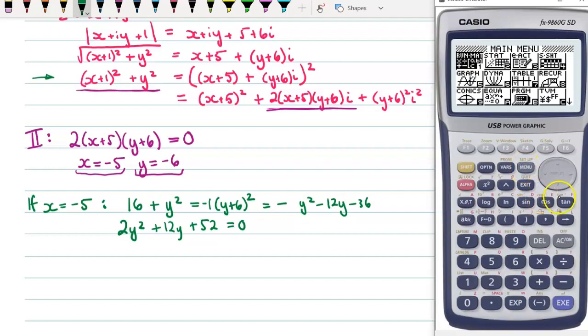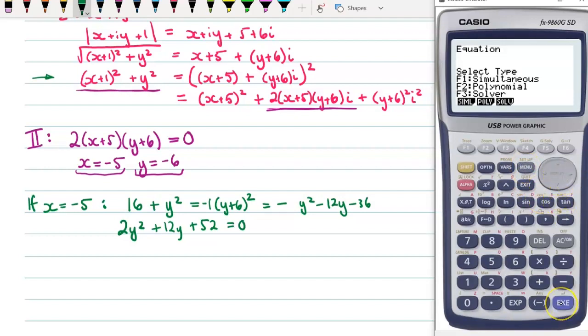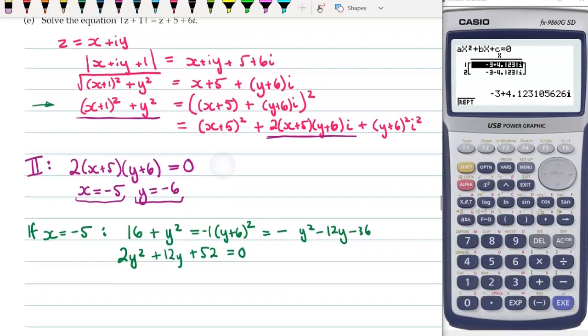Now if we try and solve that, we can use equation solver at this point. We've got a polynomial with degree 2. The a is 2, the b is 12, and the c is 52. And we solve, and you can see that this has complex roots, which is not sufficient at this point, because we need y to be a real number to be able to put it into z and make it a complex answer.